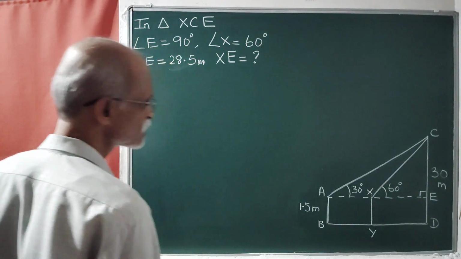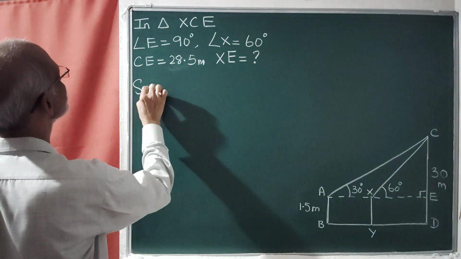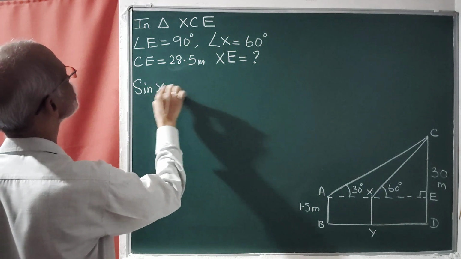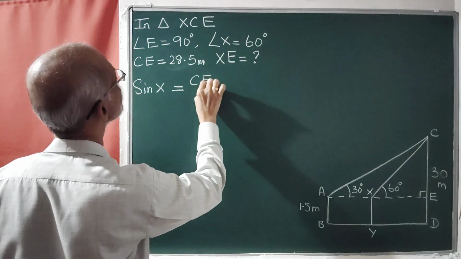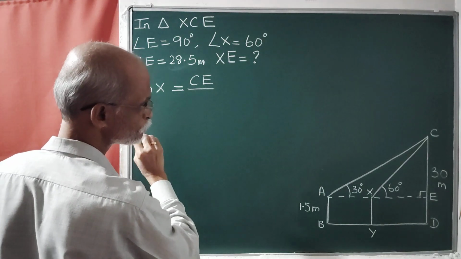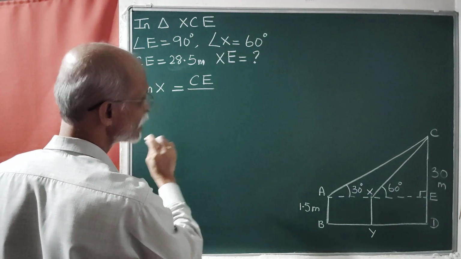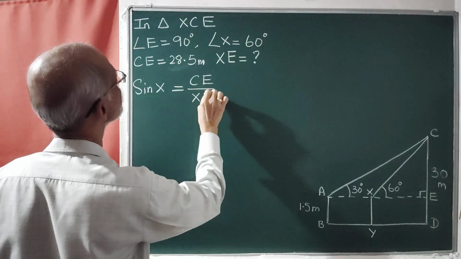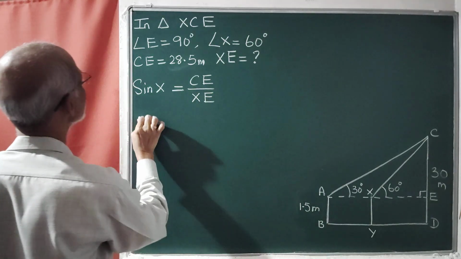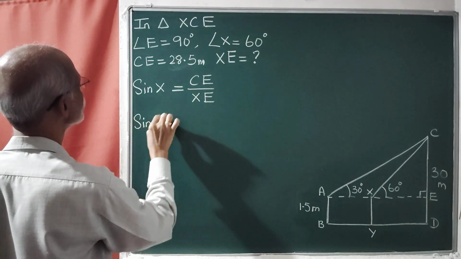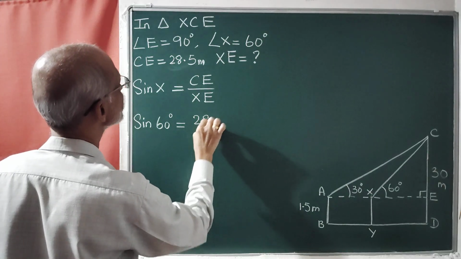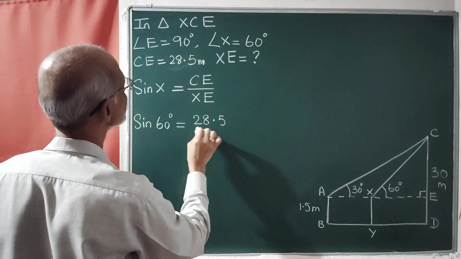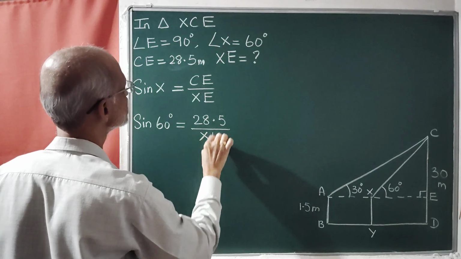Again, sin X is equal to CE by XC. So sin 60 degrees is equal to 28.5 divided by XC.